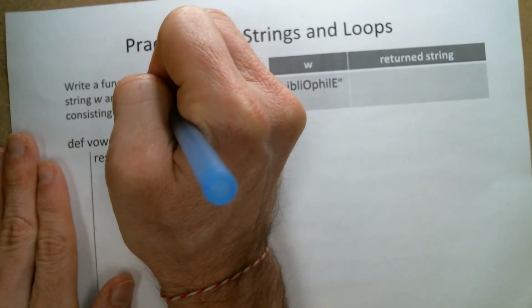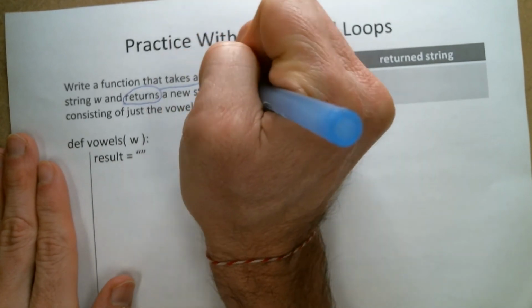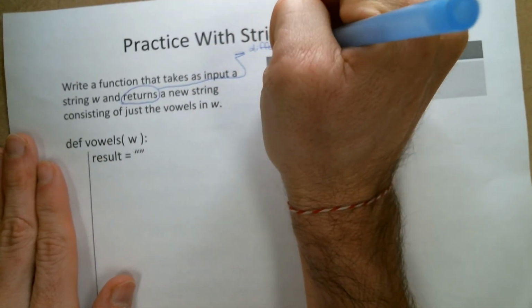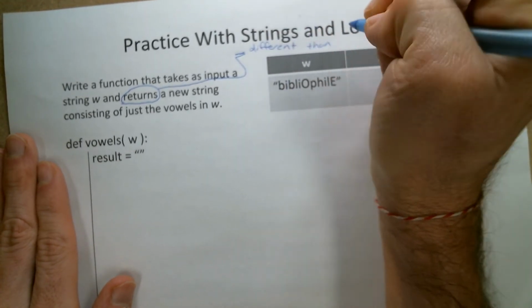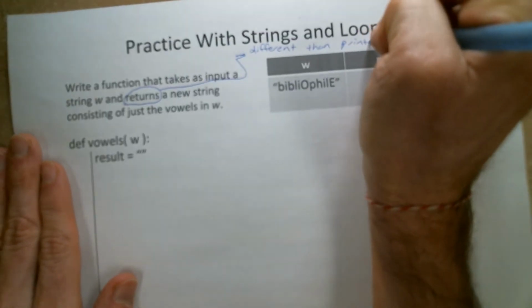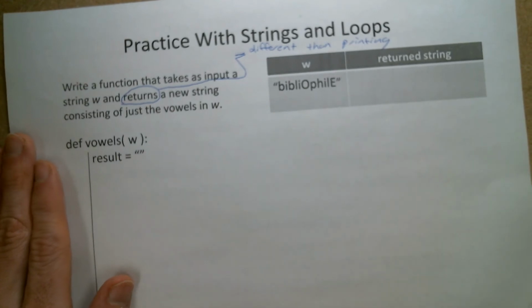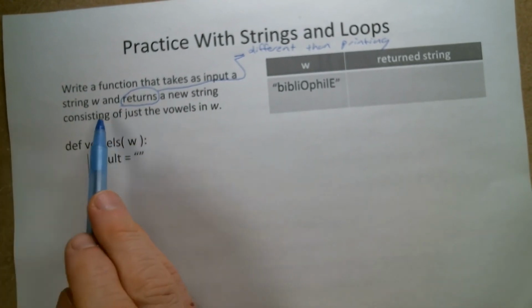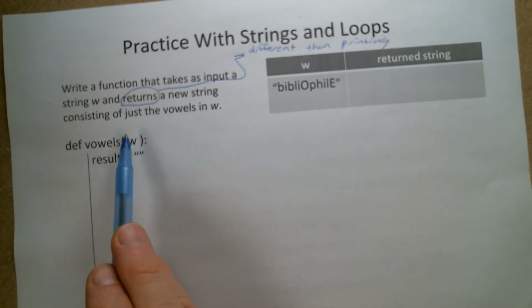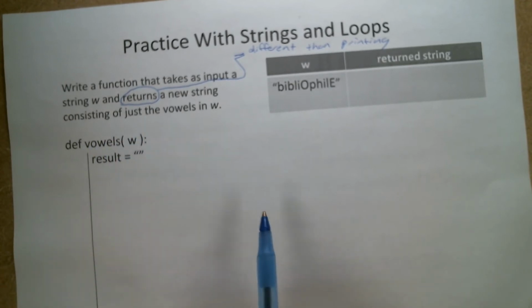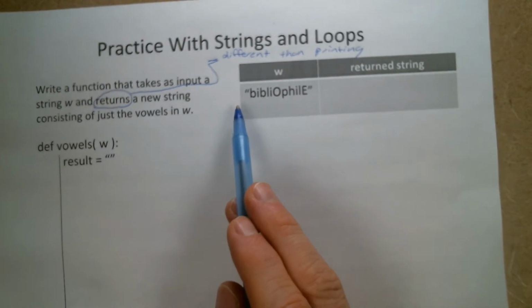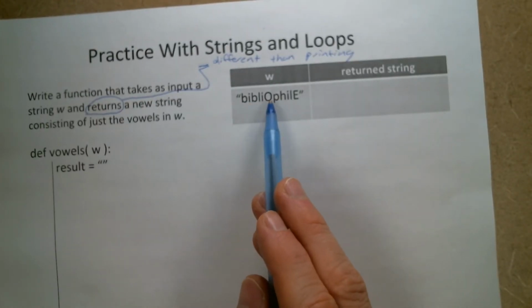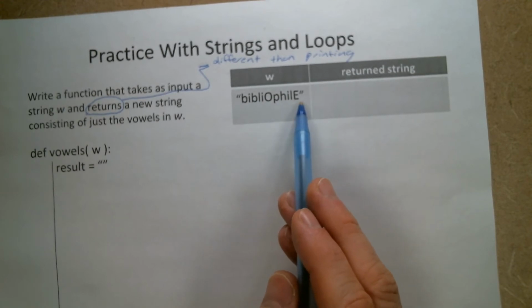So I just want to circle that and remind you that returning is different than printing. So we're not printing in this case. We're going to be returning a string variable. So it's going to return just the vowels. So if this was our original string, it's going to return just I, O, I, and E.